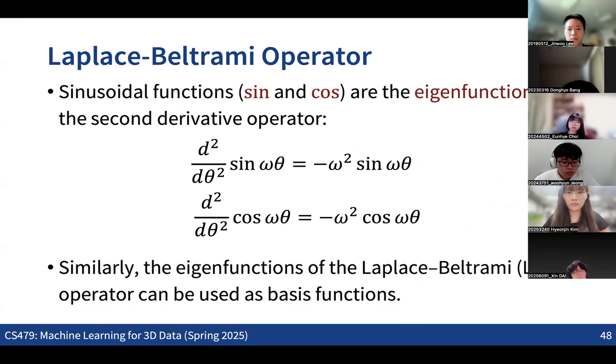And actually the sine and the cosine are eigenfunctions of the second derivative operator, which means that if you take the second derivative of those functions, you get the same function multiplied by some scalar value, right?